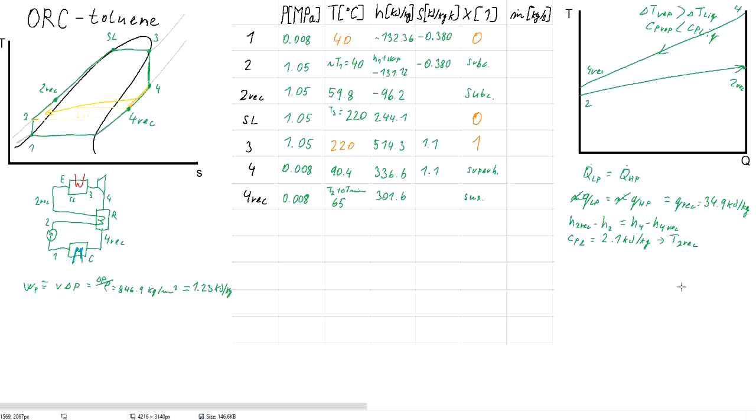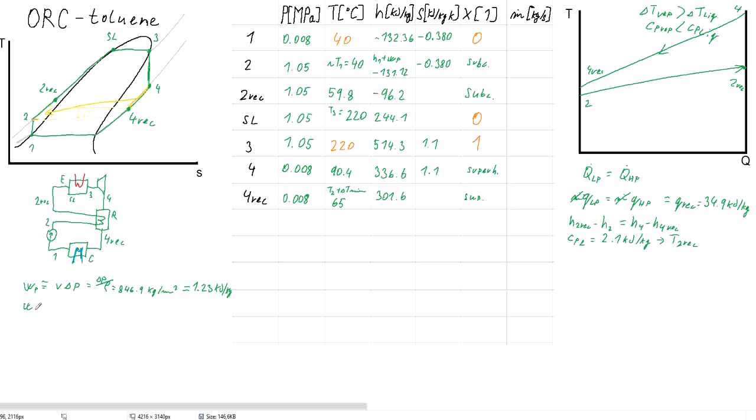So now we can calculate the parameters of the cycle, like the efficiency of the cycle with the recuperation. Let's first start with, we have work of the pump.